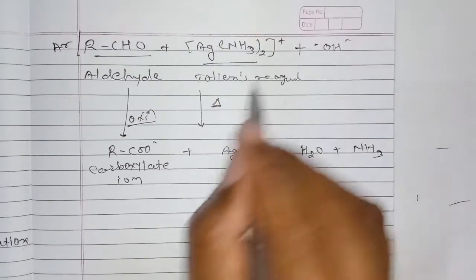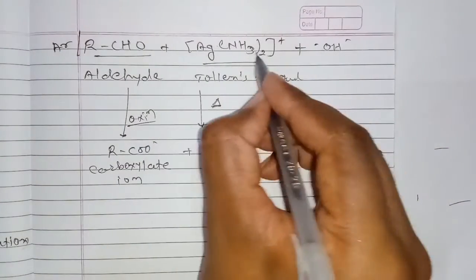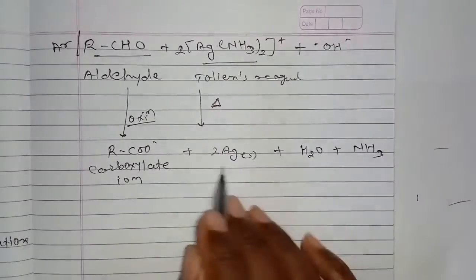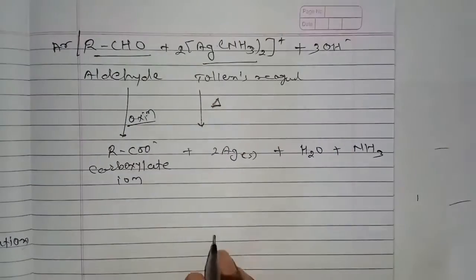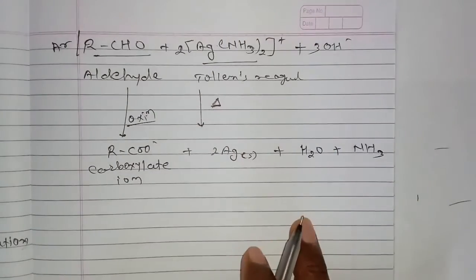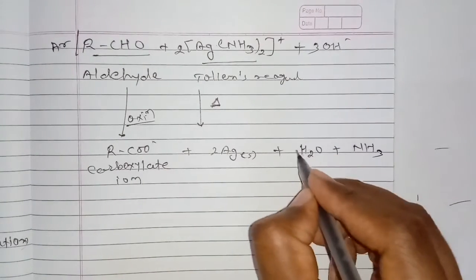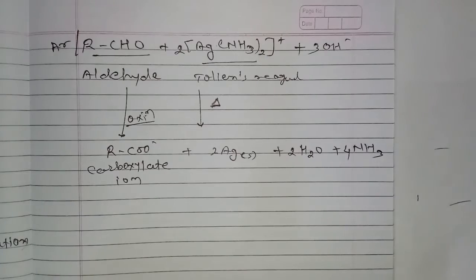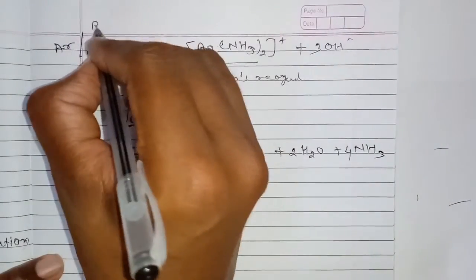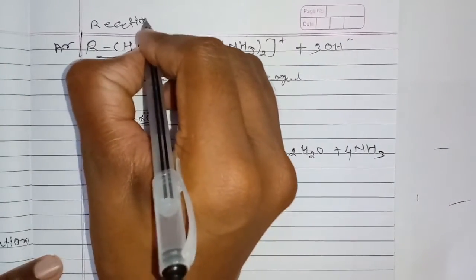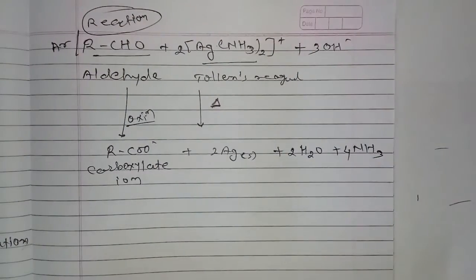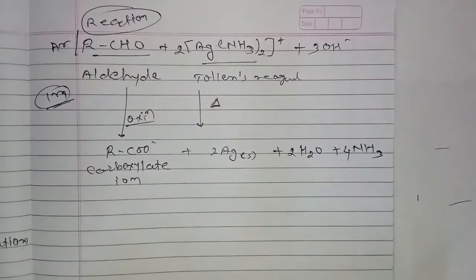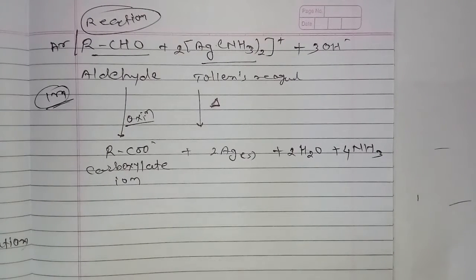Here, the balancing numbers are 2, 2, 3 and 4. This reaction is worth 1 mark for the Tollen's test.